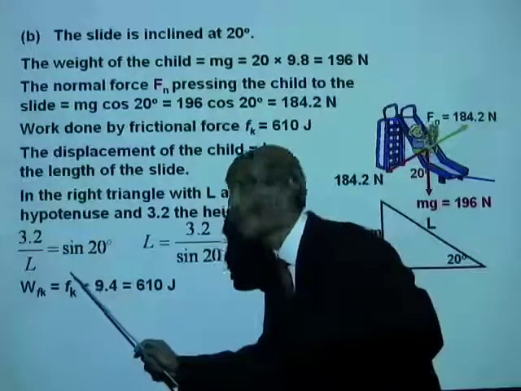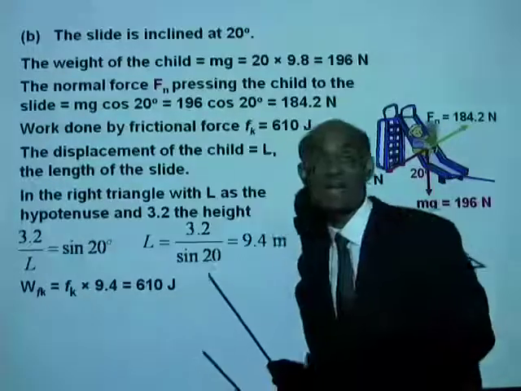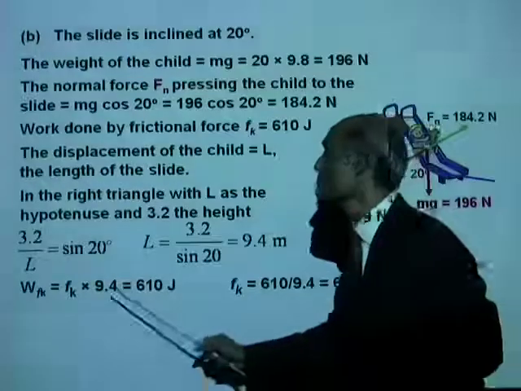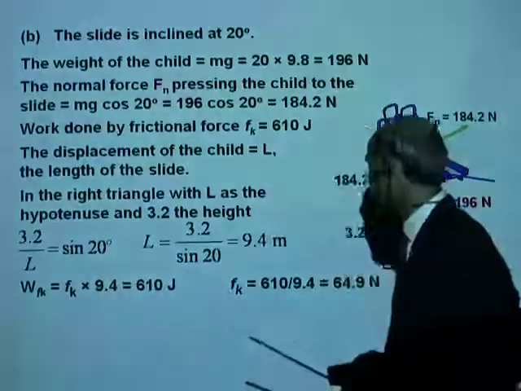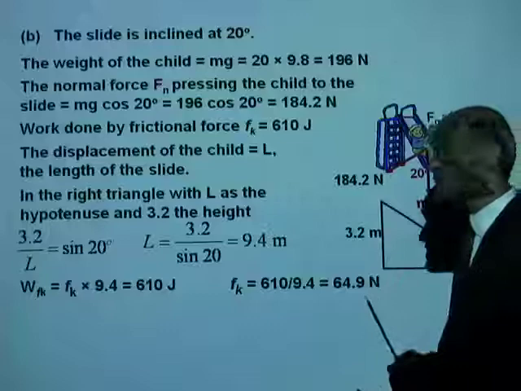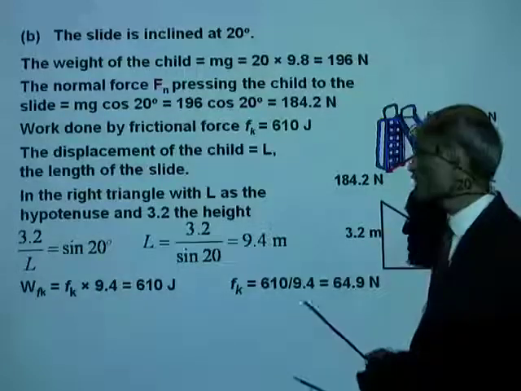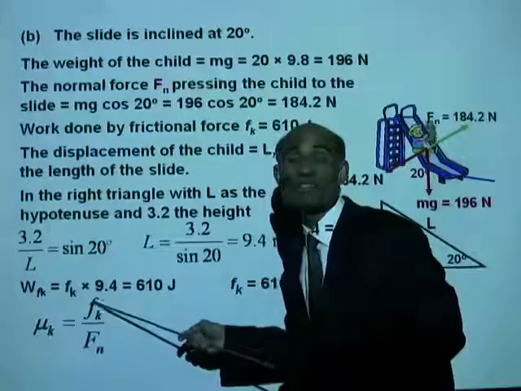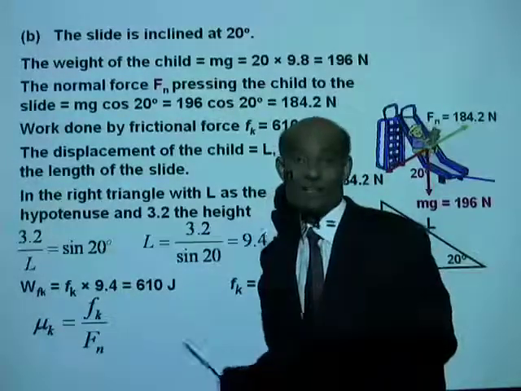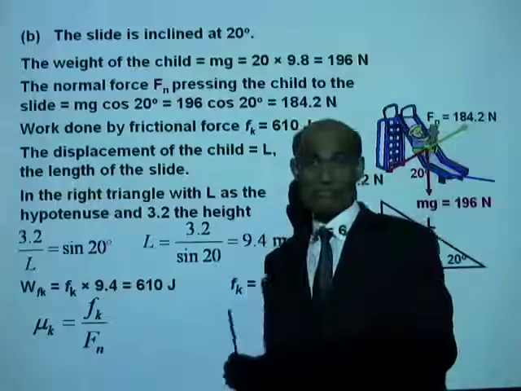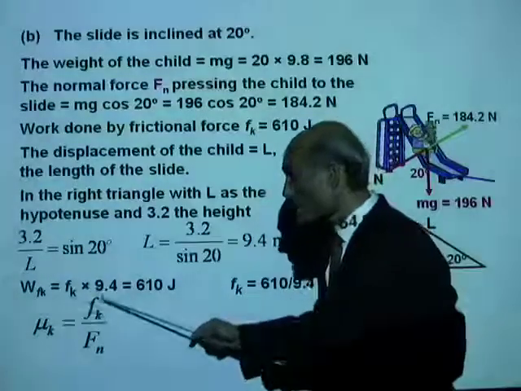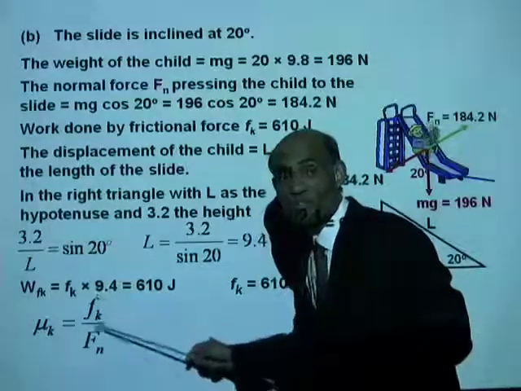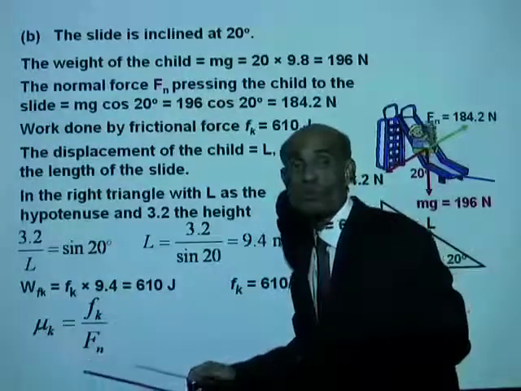Therefore, we can calculate Fk. What is Fk equal to? Fk is 610 joules divided by 9.4, and that is 64.9 Newton. And mu k is Fk over Fn. I'm sure you now remember, we started with this a little while ago. Mu k is the force of kinetic friction divided by the normal force.